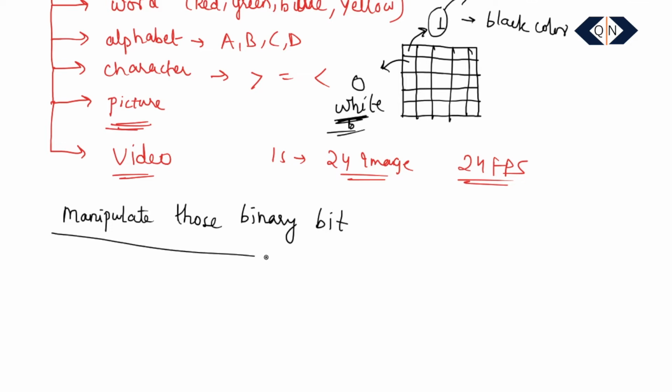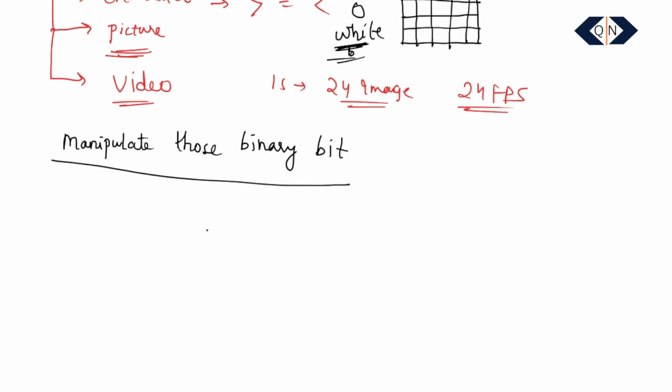We will be manipulating them with the help of logic gates. We can use one gate, or more than one gate, based on the purpose, based on what output we require.